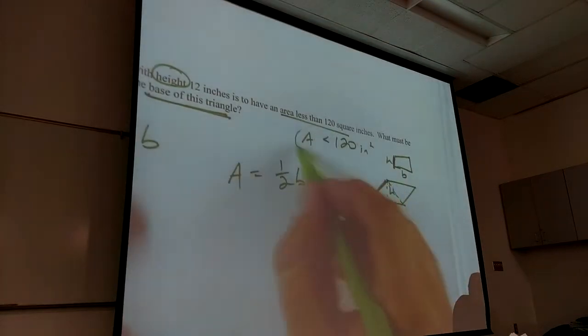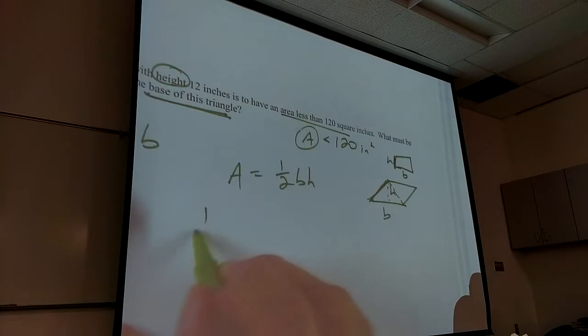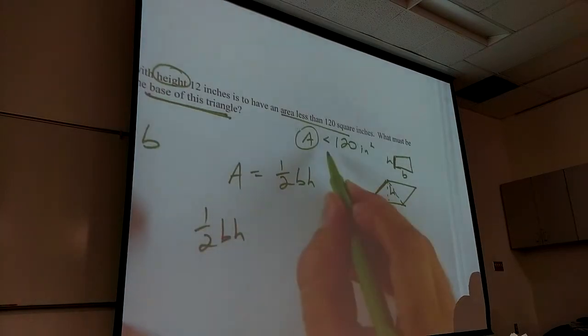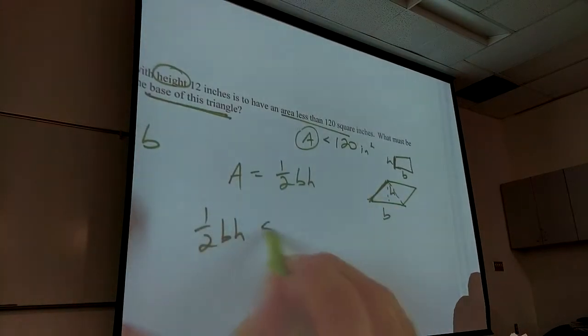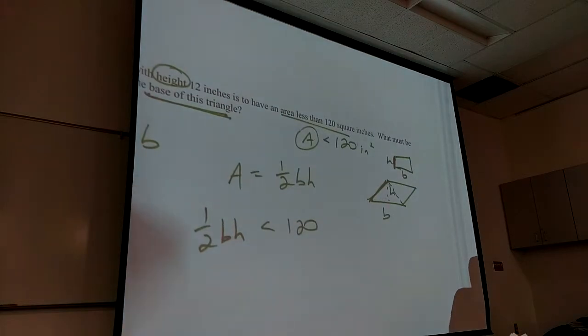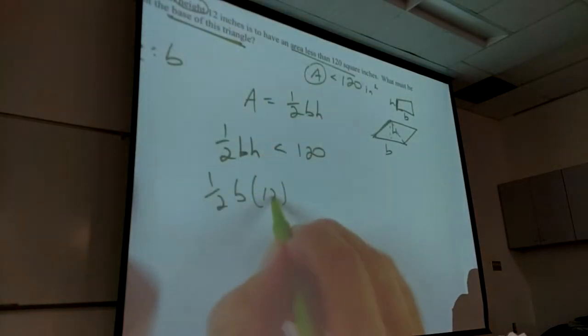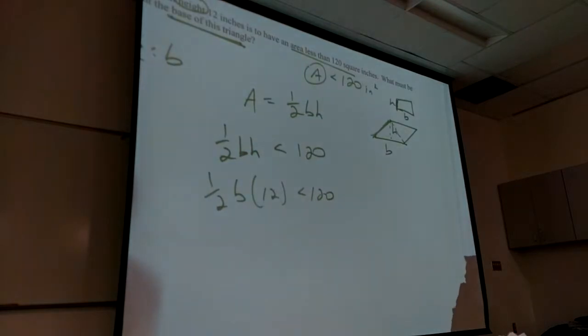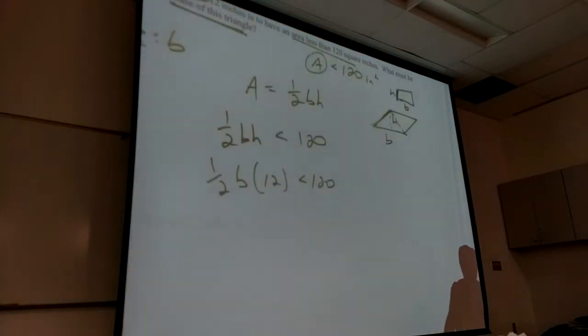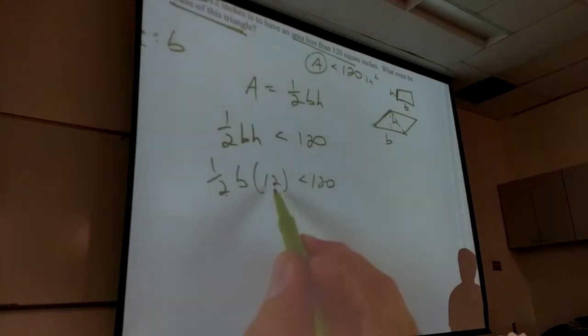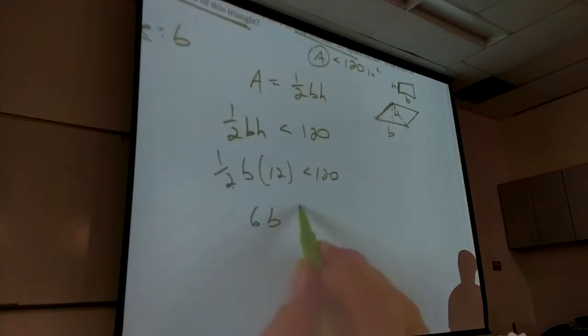So what do I know has got to be true about this area? I know the area is 1/2 base times height, and I know it has to be less than 120. And now let's fill in what we know. I know the base is B. And I know the height is 12. So there's a few different ways you can do this. Half of 12 is 6.